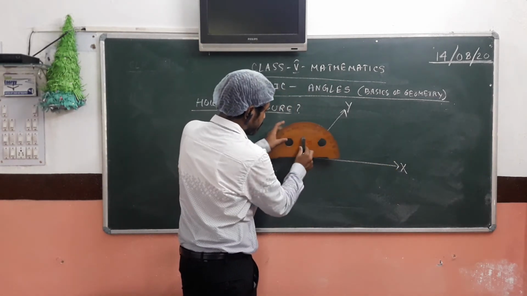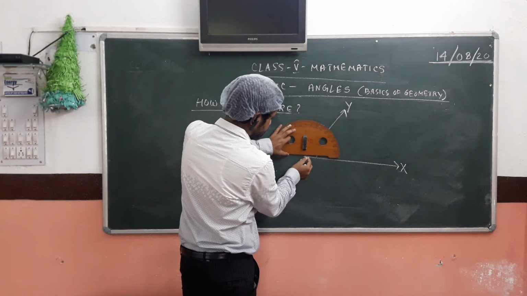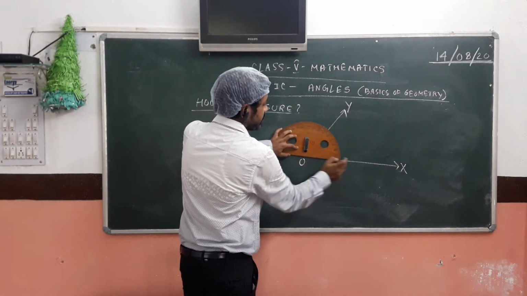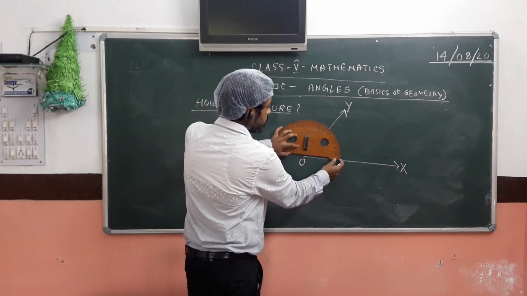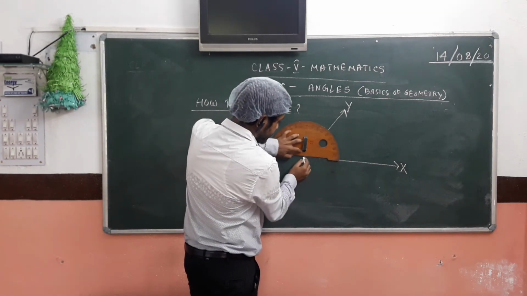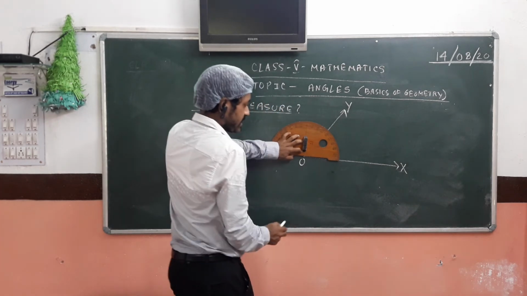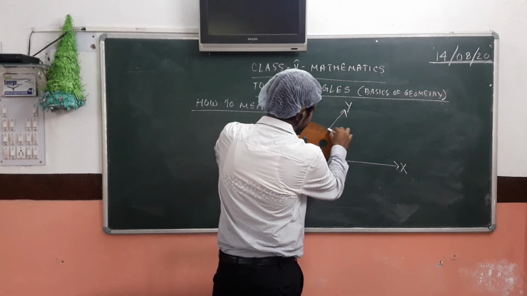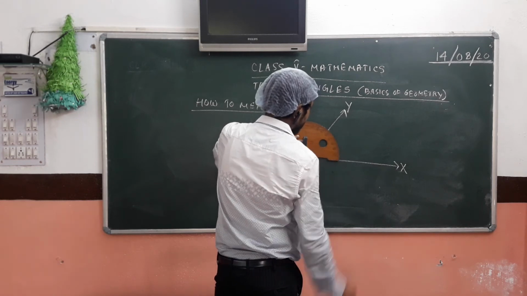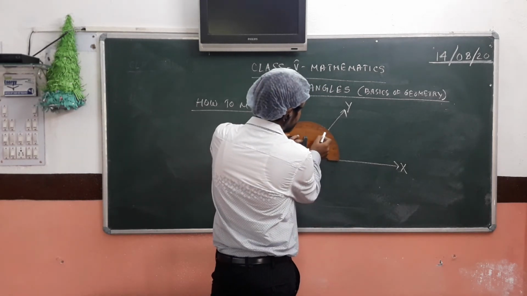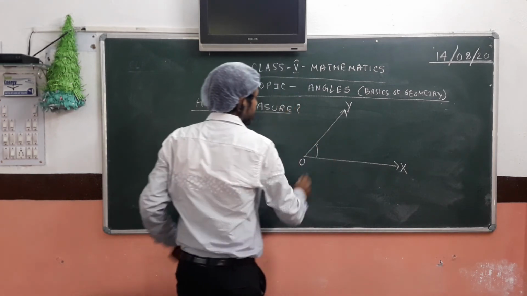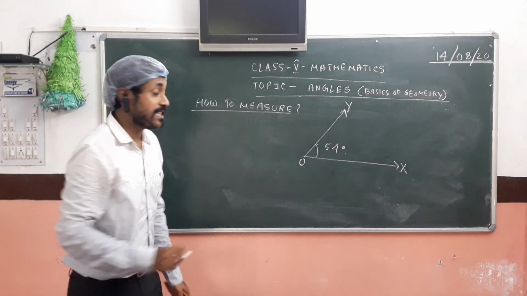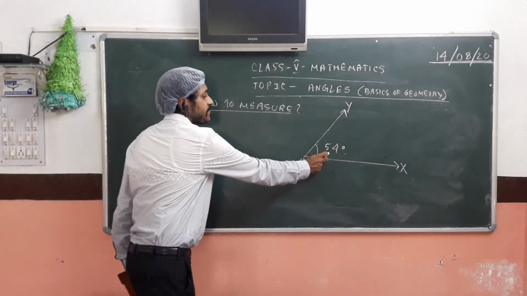Now we place the protractor. We center the protractor on the vertex and make sure that the protractor is in line with the bottom ray. We place the center of the protractor on the baseline, and then we see which point the other ray coincides with on the protractor. Here, if you see correctly, it coincides with 54 degrees. So the measurement of this angle is 54.